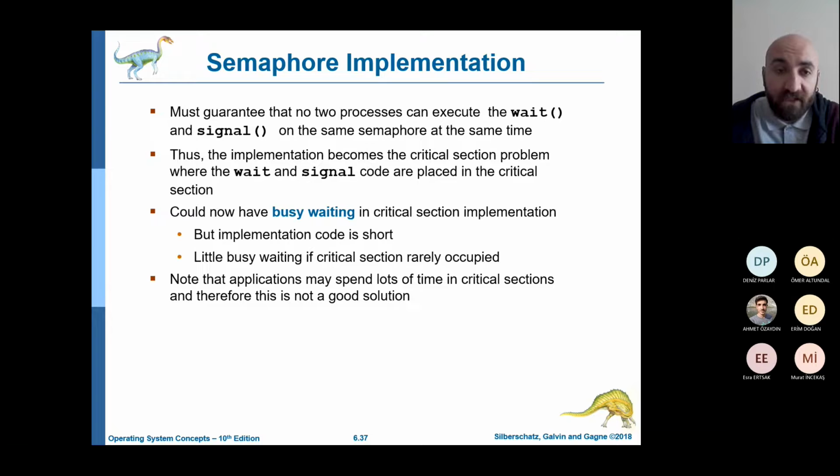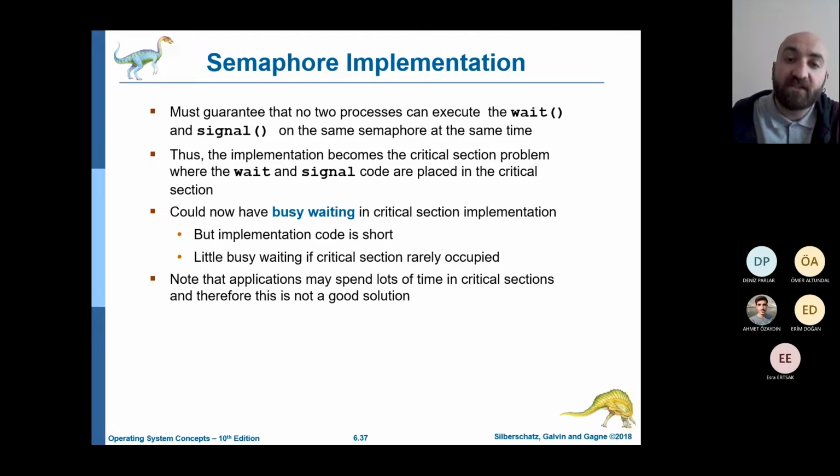The suspend operation places the process into a waiting queue associated with the semaphore, and the state of the process is switched to the waiting state. Instead of the running or ready state, we change the state of that process to waiting. We suspend that process.